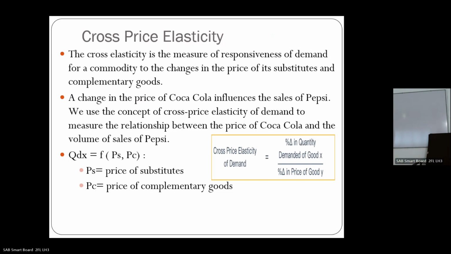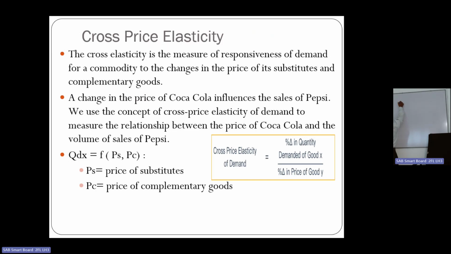Percentage change in demand for X, divided by percentage change in price of product Y, right? So how do we take the percentage change in demand?